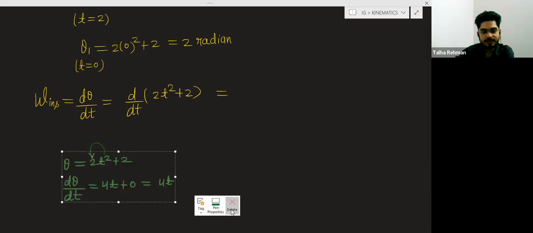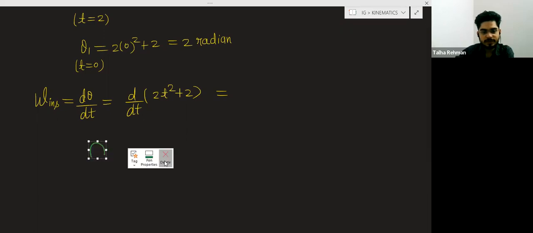Again I am telling the differentiation because differentiation will be required in the question. Suppose y is equal to 5x square plus 3x cube is given and I want the differentiation of y with respect to x, that is dy by dx.